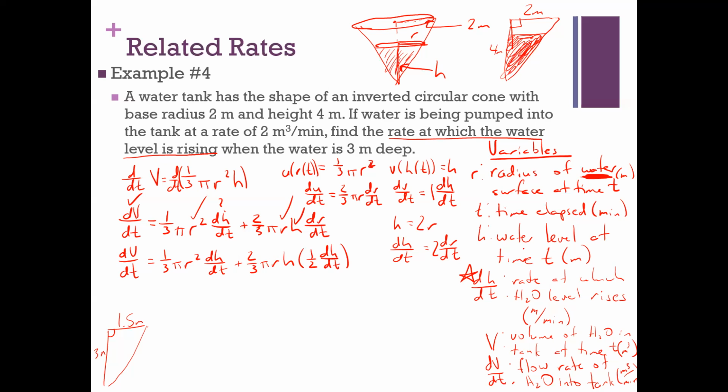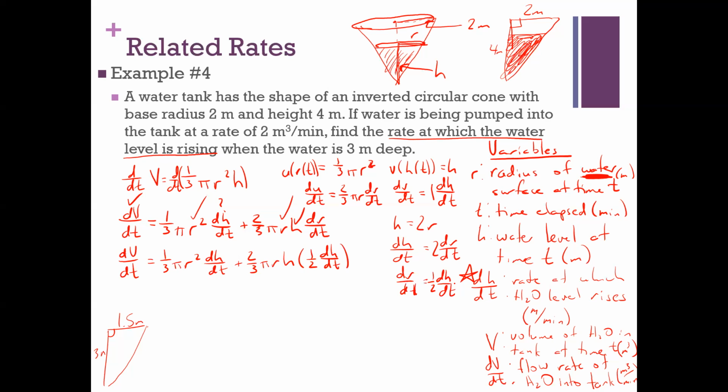We okay with that? Basically, what I did here was solve this thing for dr/dt. So dr/dt equals 1/2 dh/dt. You're okay with that? We're very near the end where we can start plugging in numbers.